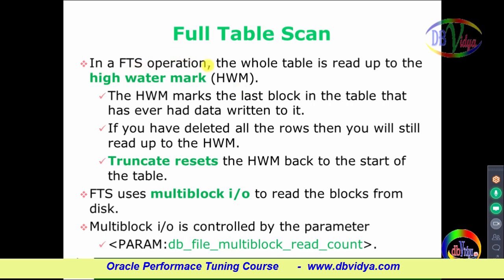In an FTS operation, it reads till the high watermark. Whether you have empty blocks, used blocks, or partial data blocks, whatever it may be, it reads till the high watermark. We discussed the high watermark, right? Truncate resets the high watermark back to the start of the table. For full table scan, there is a concept called multi-block IO.